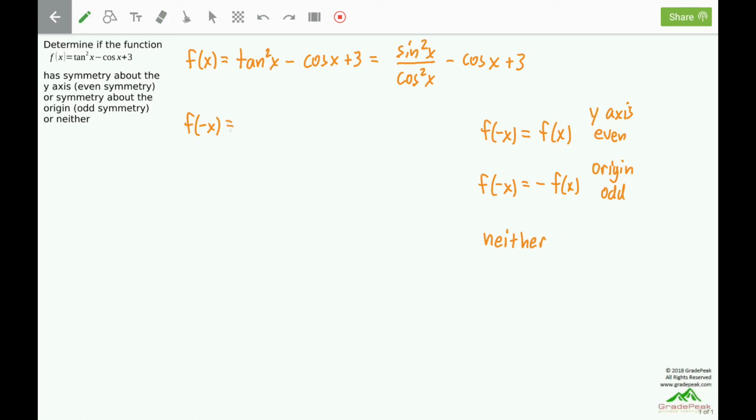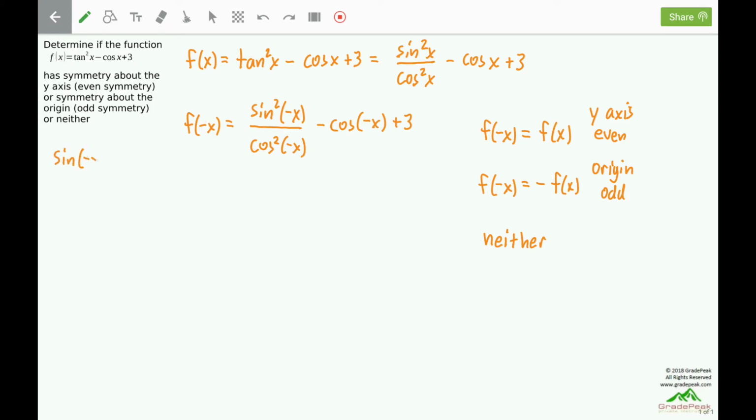f of negative x means to plug a negative x in for each of the x's, which will give sine squared of negative x divided by cosine squared of negative x minus the cosine of negative x plus 3.